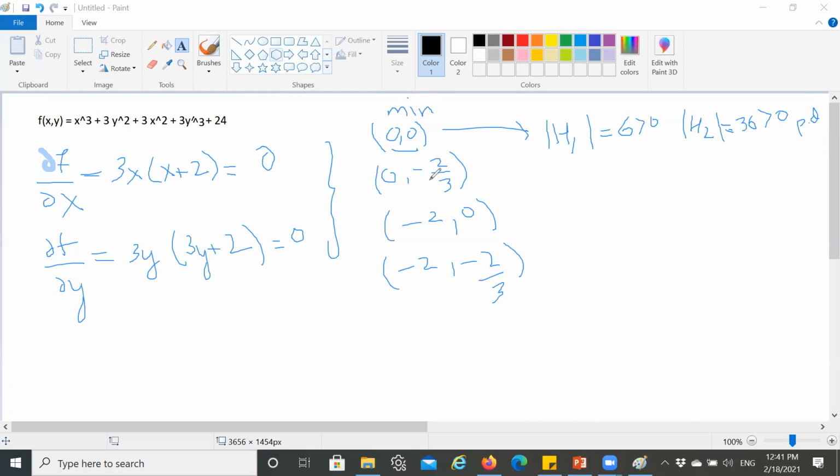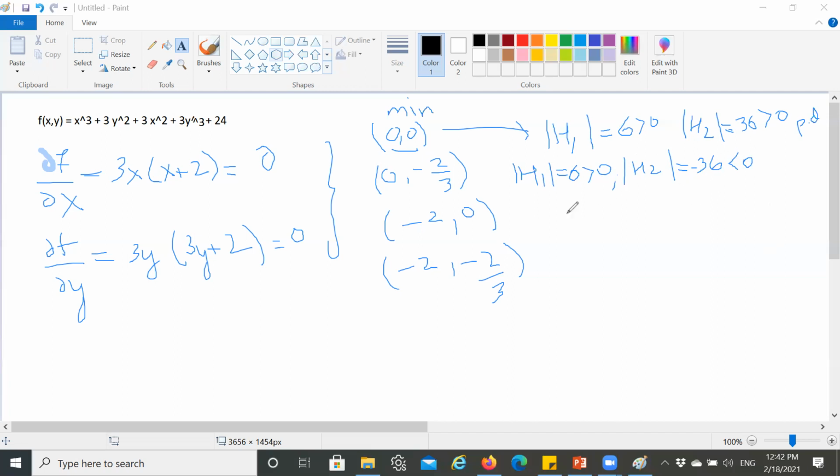Check it correctly. Let's go with 0, -2. What is H1? 6. 6 is greater than 0, right? And what is H2? Minus 36, less than 0.